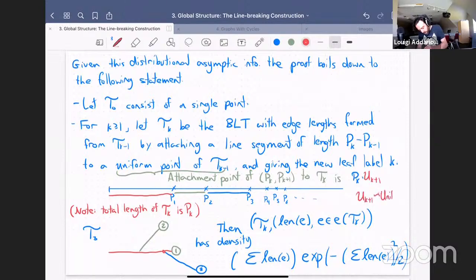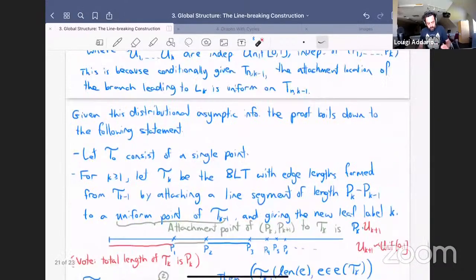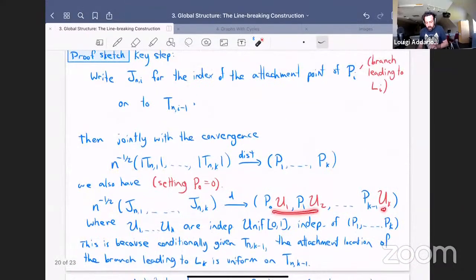So this is a uniform 0, 1 random variable independent of the other randomness in the construction. And that's precisely how I formulated things up here, by selecting the attachment location using a uniform random variable.